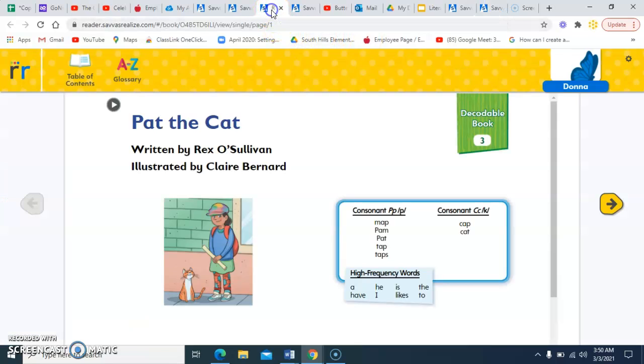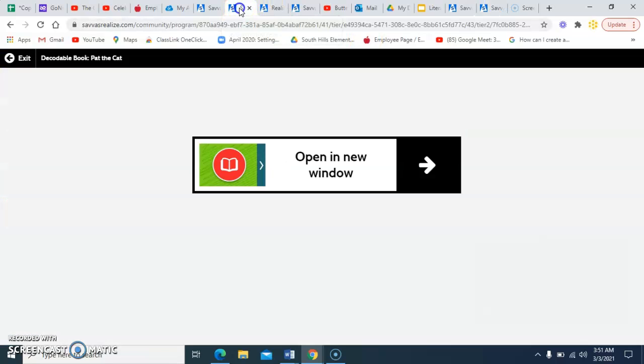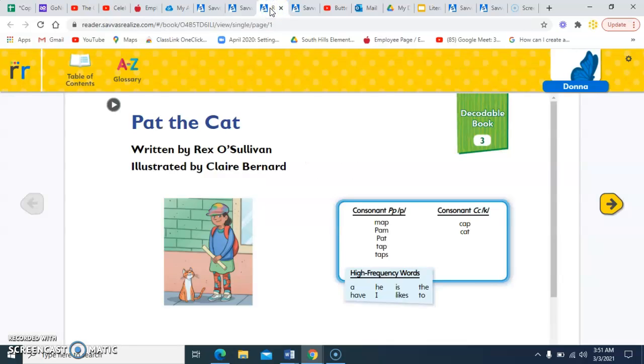Okay, then we have a book to practice real quick, just in case you don't have any readers at home. This one is called Pat the Cat, and it goes over words for P and C. So we have the words map, Pam, Pat, tap, and taps.